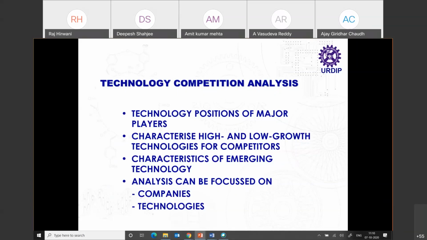And if you want to look at core capabilities of a company, you get to characterize high and low growth technology for your competitors. It tells you what core capabilities they are focusing on. You can characterize an emerging technology. Everybody talks about nanotechnology, right from drug delivery, engines, coatings, and blades, whatnot.